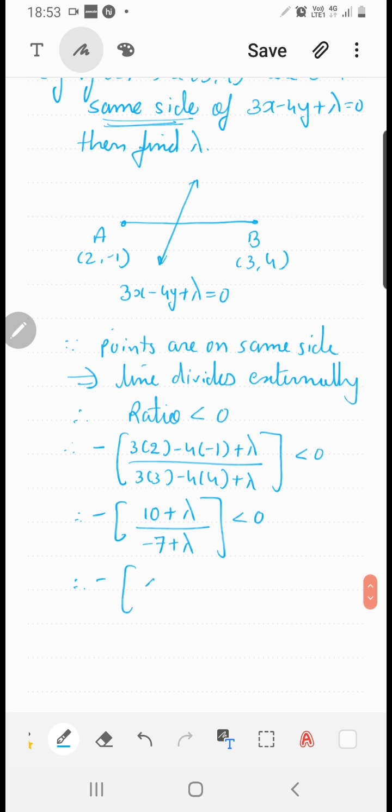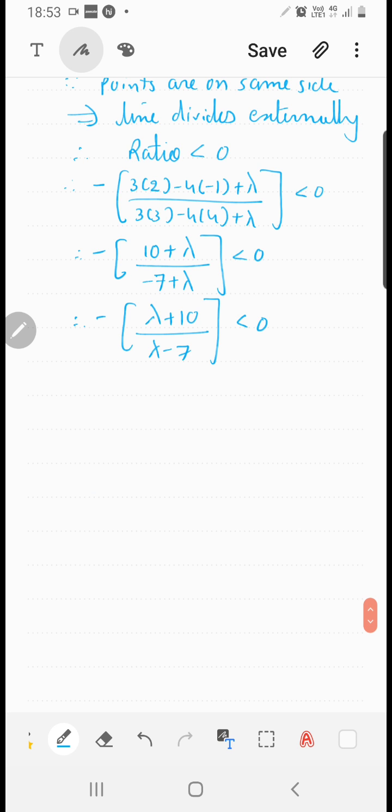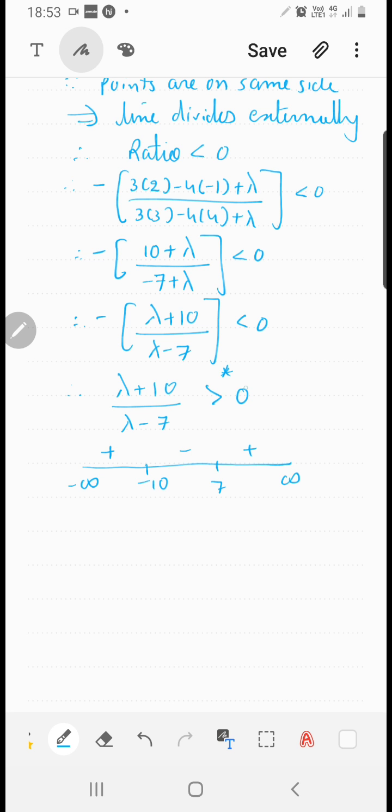I simply revert this: lambda plus 10 upon lambda minus 7 less than 0. If I neglect negative sign, the inequality changes. So lambda plus 10, lambda minus 7 greater than 0 again. Now let me show it on the number line, minus infinity to plus infinity. This gives me minus 10, this gives me 7, positive, negative, positive.